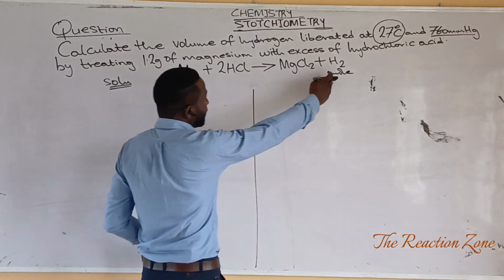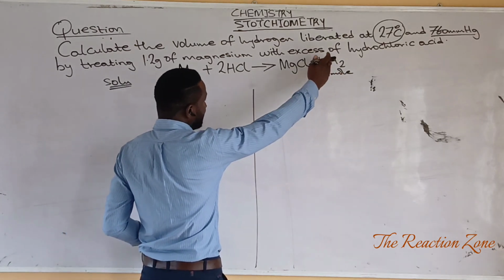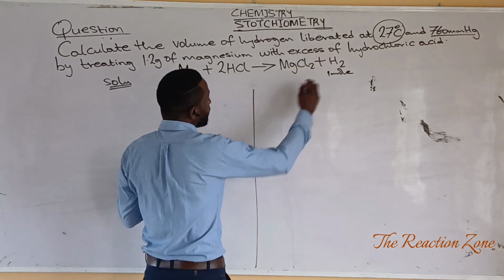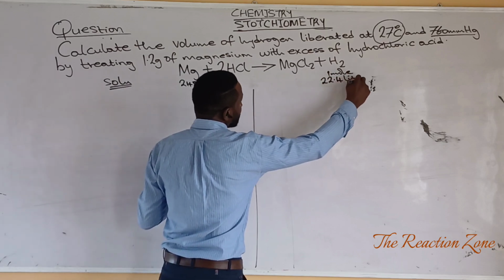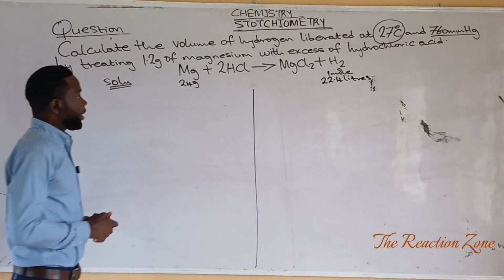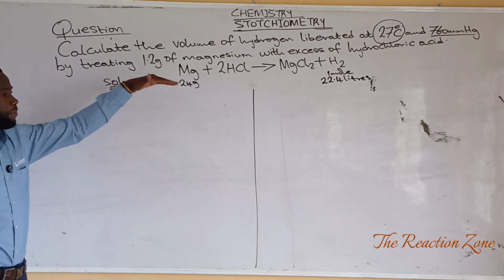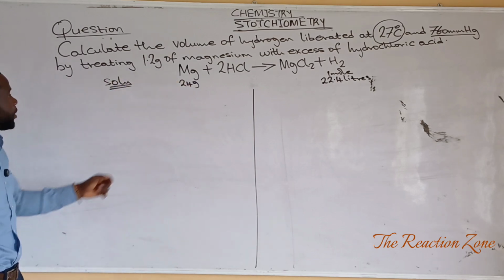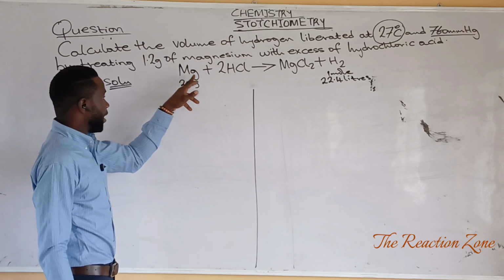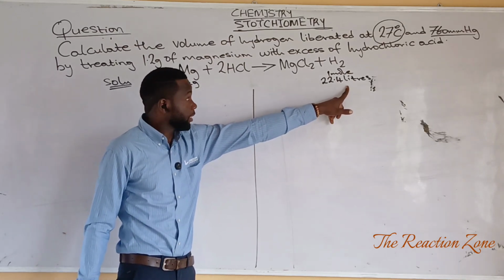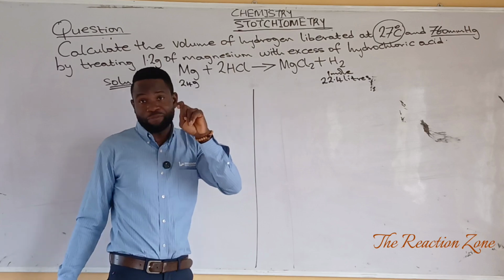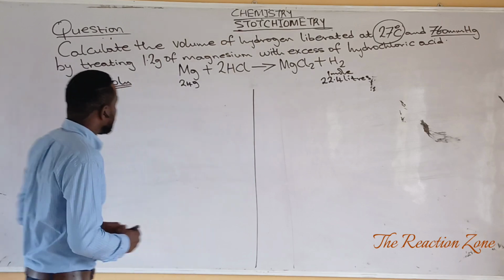This 1 mole of hydrogen at STP, that is standard temperature and pressure, has a value of 22.4 liters. So, it means that from the balanced chemical equation, we can say that 24 grams of magnesium will liberate 22.4 liters of hydrogen at standard temperature and pressure.